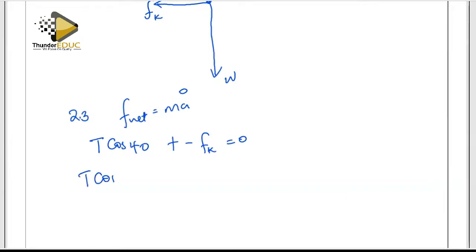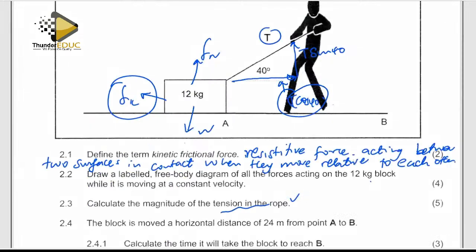So T cos of 40, we know that frictional force will be given as mu multiplied by the normal reaction. So that is mu K multiplied by N. But our normal force is going to be affected because it has the T sine included. The T sine is part of our normal force, so we're going to get the weight, and then we subtract this whole T sine of 40.